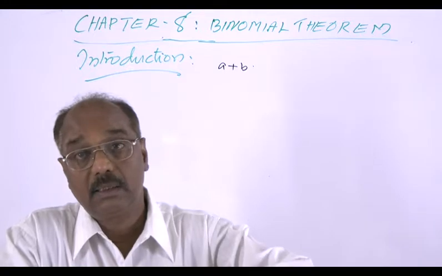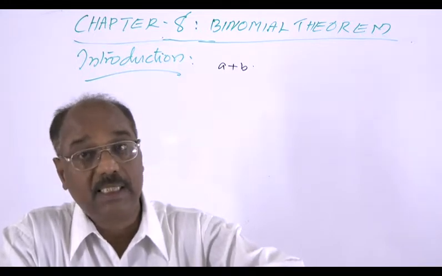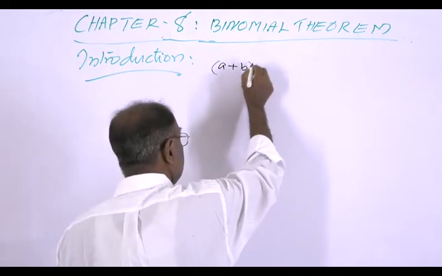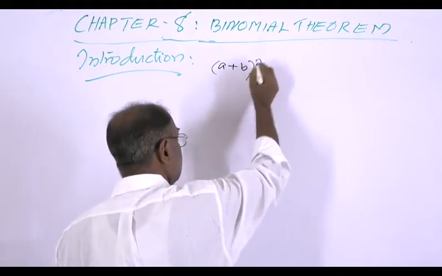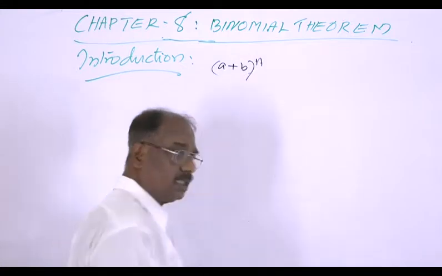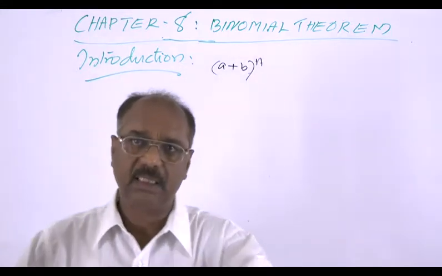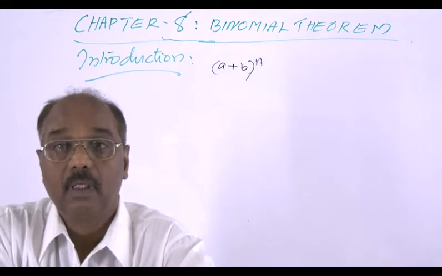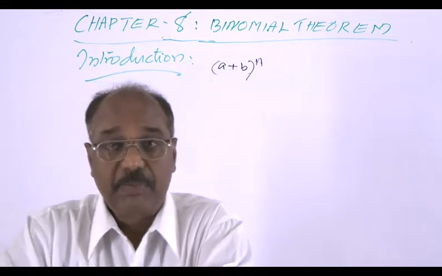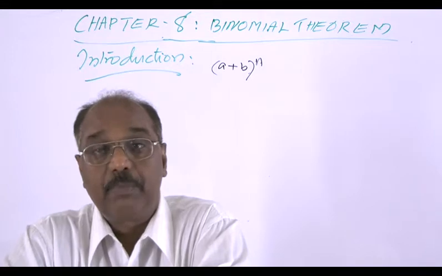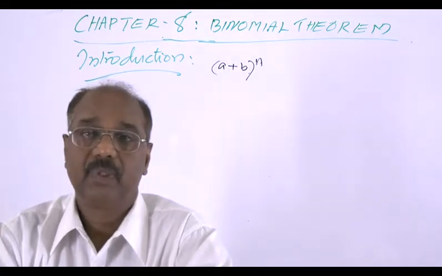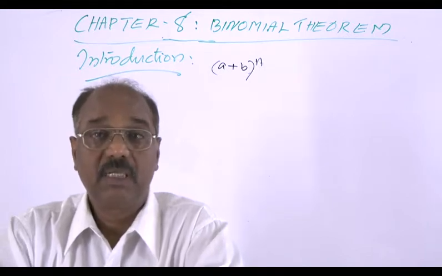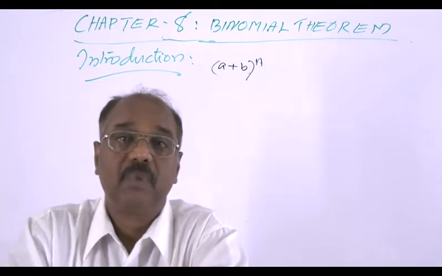And the binomial theorem says the expansion of A plus B all raised to n, where n can be an integer, a fraction, and so on. We consider only this expansion for n a positive integer. If n is a positive integer, then the expansion of A plus B all raised to n.